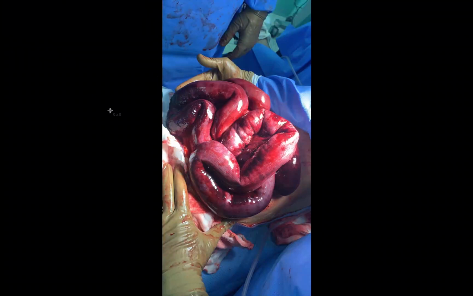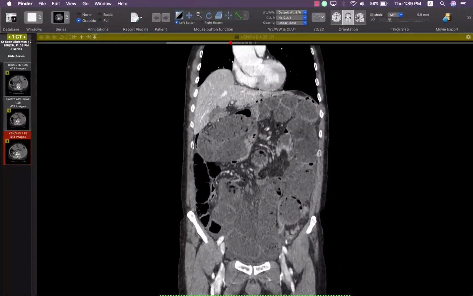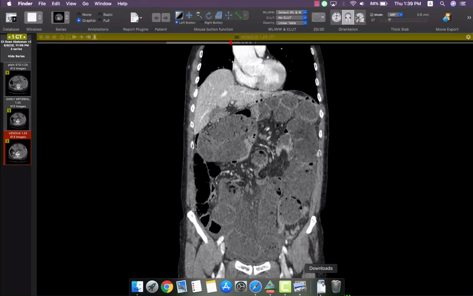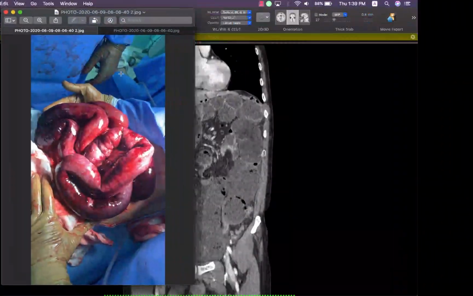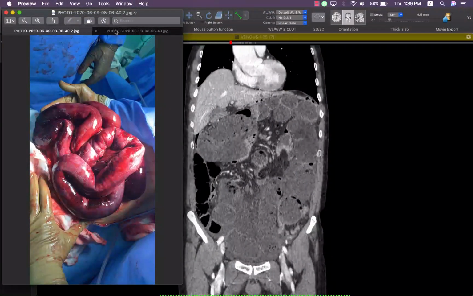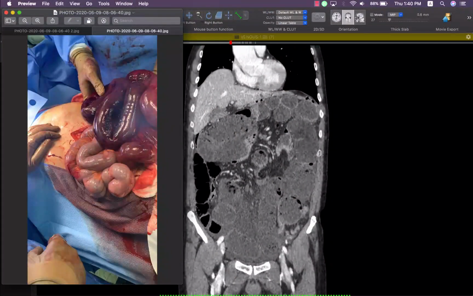So these are the gangrenous bowel loops here. Another picture: this is the dead or gangrenous bowel loop that was resected in the operation.